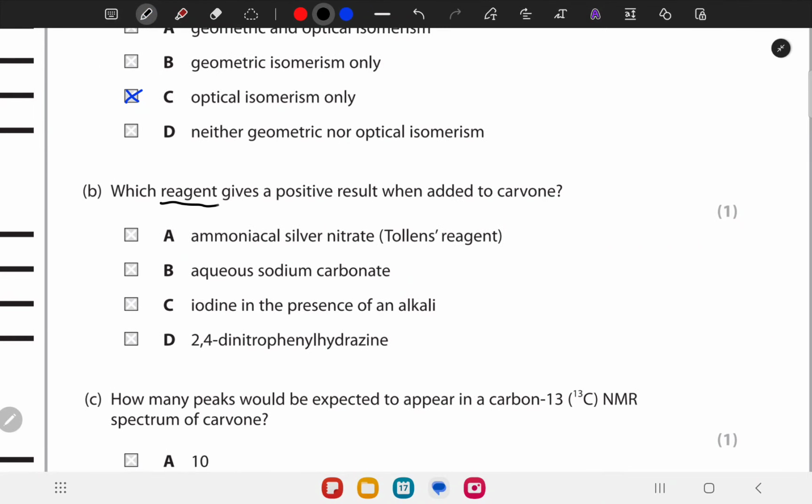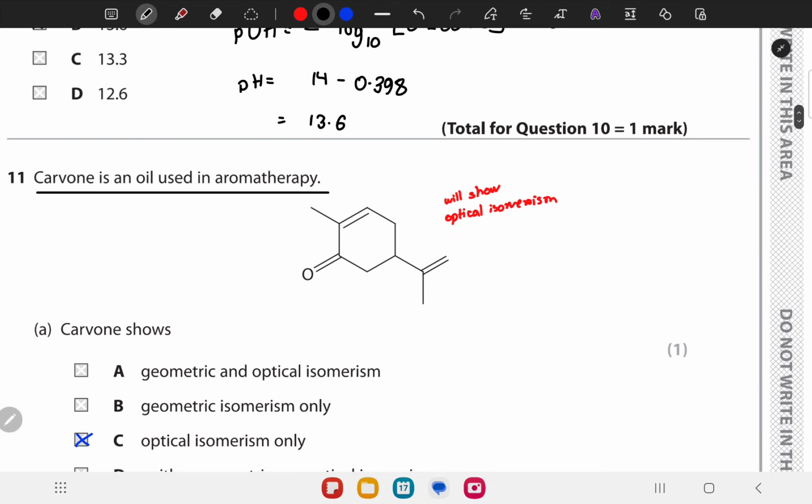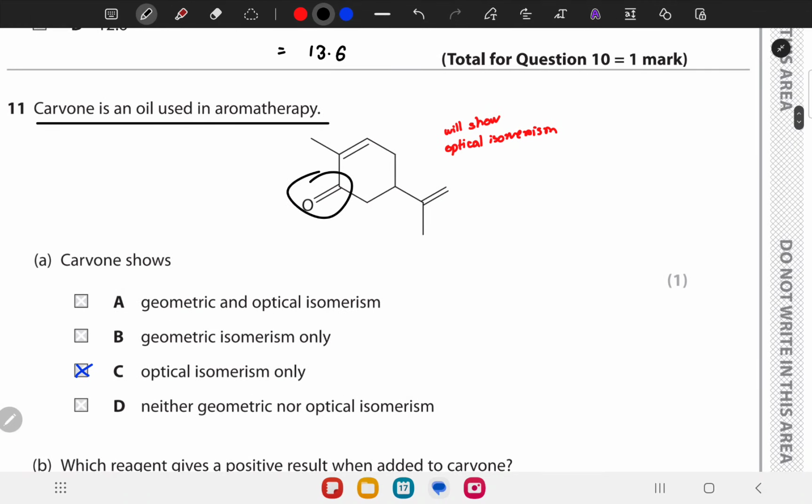Now we have to find which reagent gives a positive test result when added to carbon. We have a ketone group over here, and we have a carbon-carbon double bond.